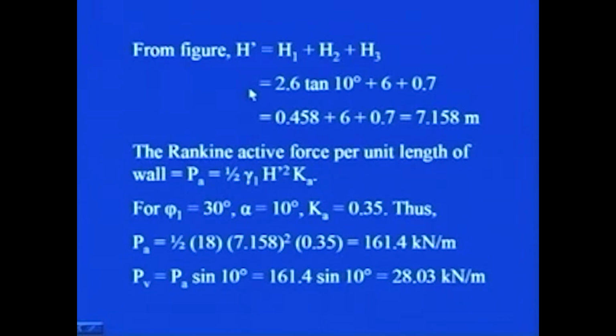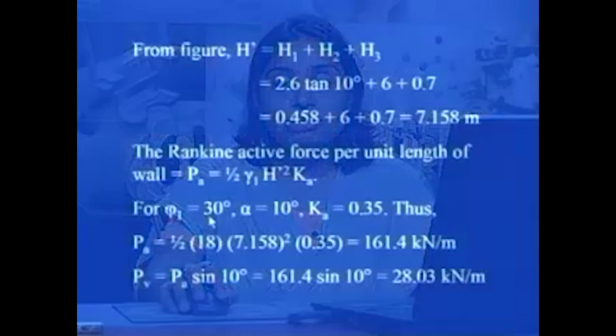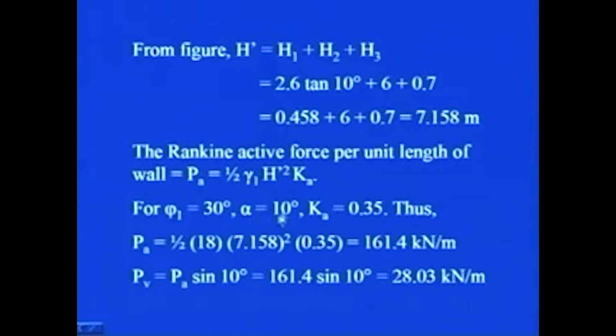If you remember, in the second lecture I gave you the standard table for the coefficient of lateral earth pressure. So, simply corresponding to phi 1 equal to 30 degrees and alpha equal to 10 degrees, you can pick this value of Ka from those standard tables. So, Ka works out to be 0.35.